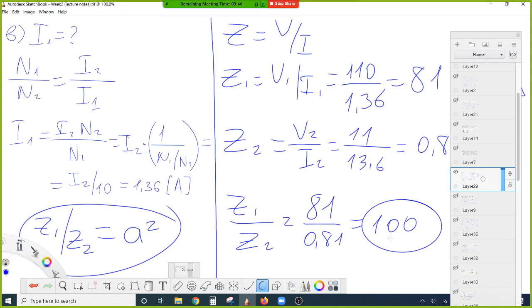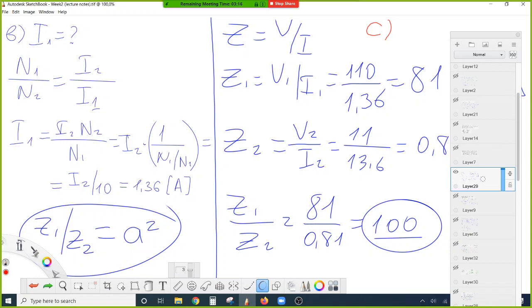For C paragraph, 10 is the answer. Yep, 100 is correct. You divided Z1 by Z2 and it equals A squared. Exactly. Why A squared? Teacher, can you explain it? You are asking about this? Yes.